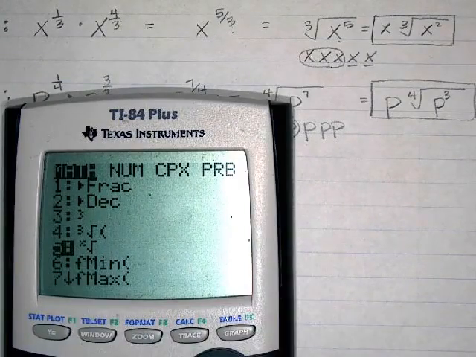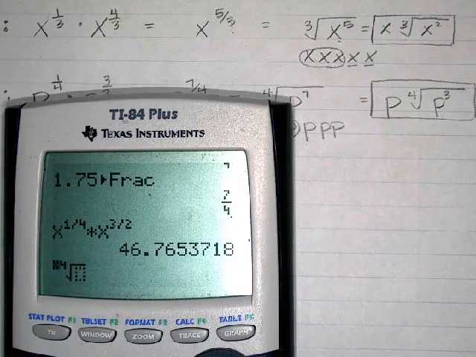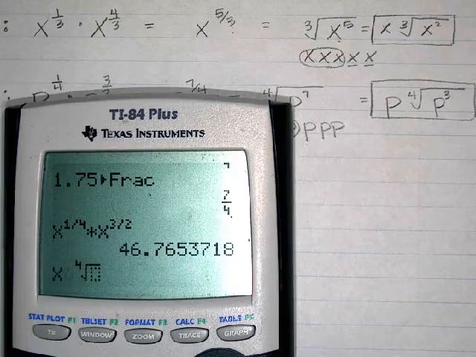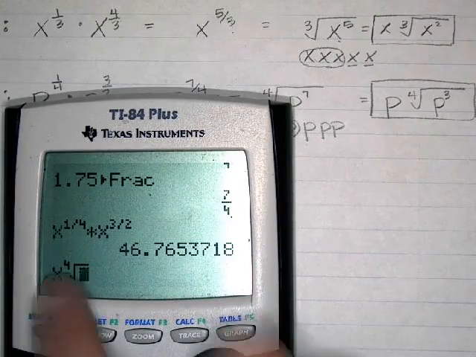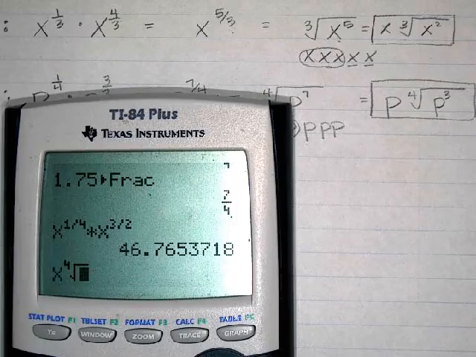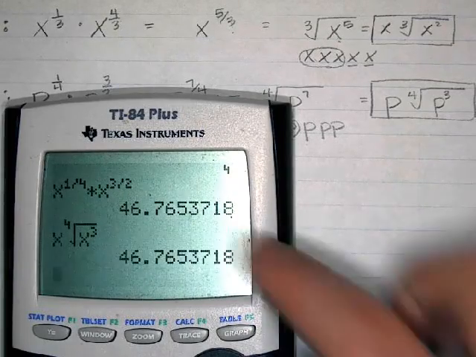Ooh, it put the x and the 4. Delete. Go back. Put an x. There we go. I didn't want the x and the 4 in there. Okay, so x 4th root, and then x to the 3rd. Same decimal, so I know I got it right.